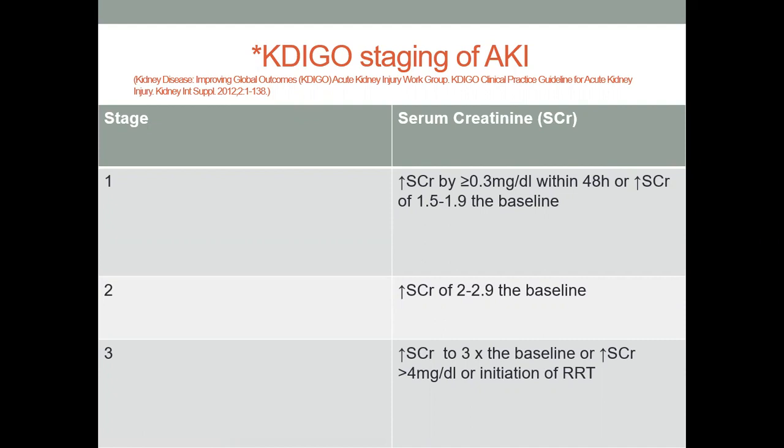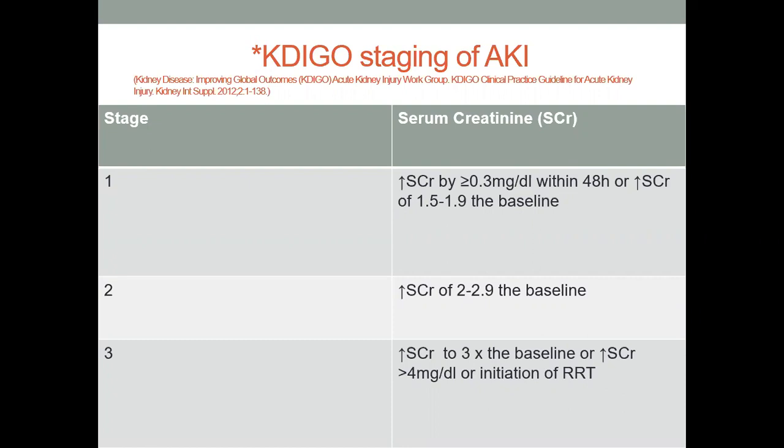So the KDIGO staging stages acute kidney injury into 3 stages: stage 1, stage 2, stage 3. It is simpler because it just makes use of the serum creatinine levels only.